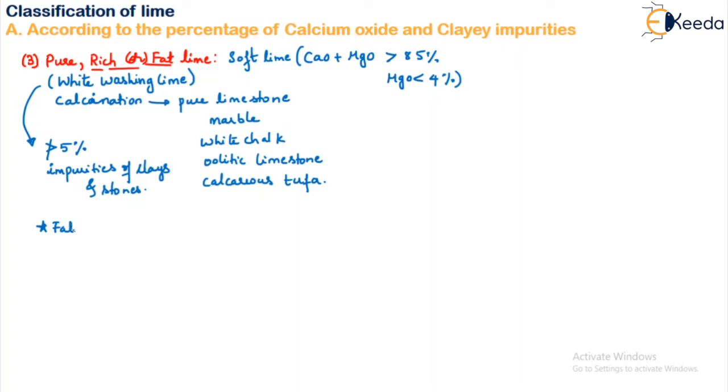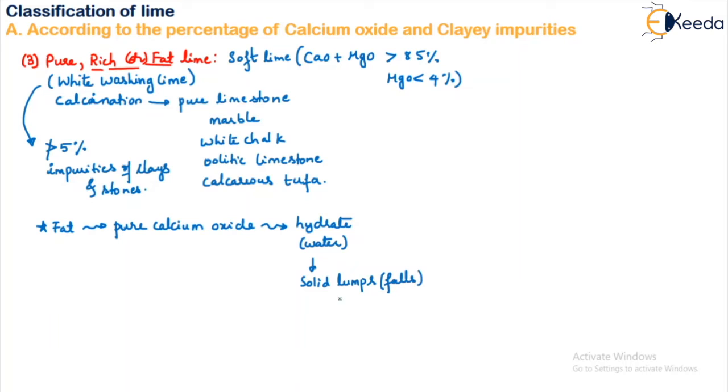See, this fat lime is nearly pure calcium oxide, and whenever you hydrate this with the required amount of water, what will happen is a solid lump will fall apart and a powder form will come into picture, or it will be reduced into the fine powder of Ca(OH)2, and a very high heat of hydration will be liberated during this process.